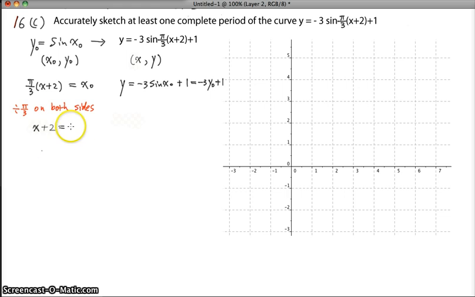So x plus 2 equals x0 divided by pi over 3, right?